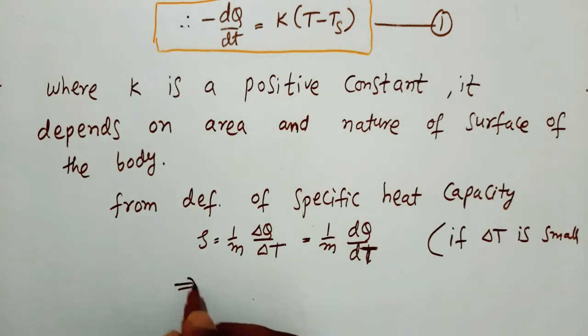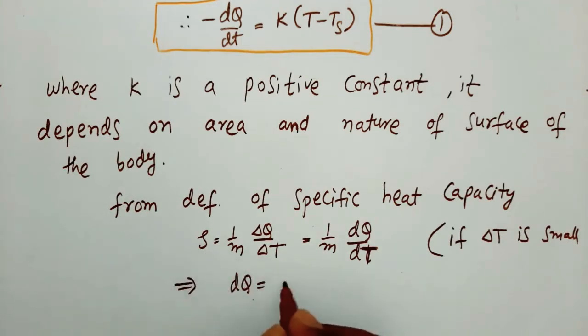So from this, dQ is equal to m s into dT.